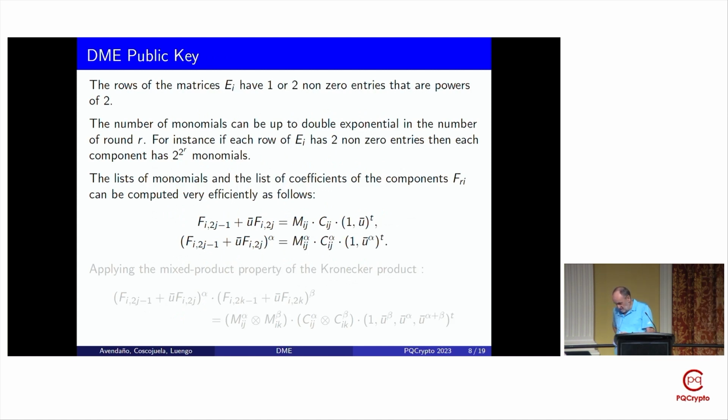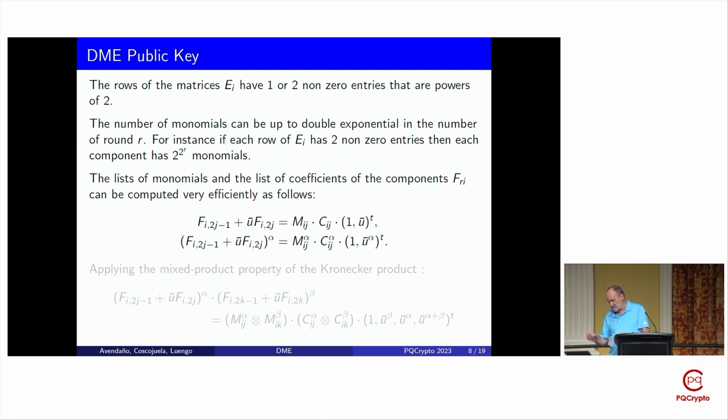With this setting, we have 4x4 matrices, but there will be only one or two non-zero entries in every row, and those will be powers of 2, but not powers of q. This is important.